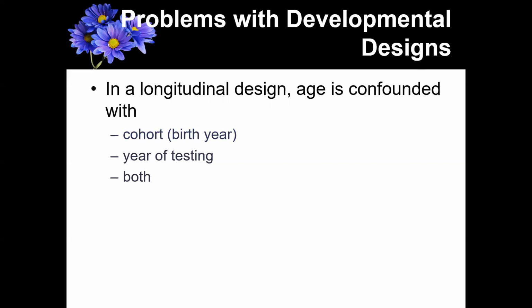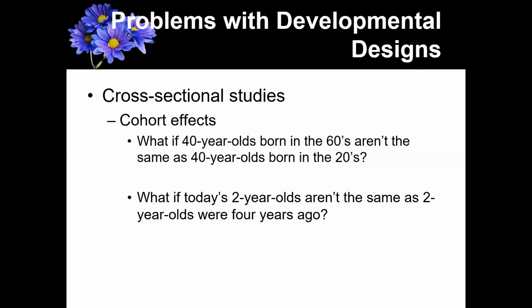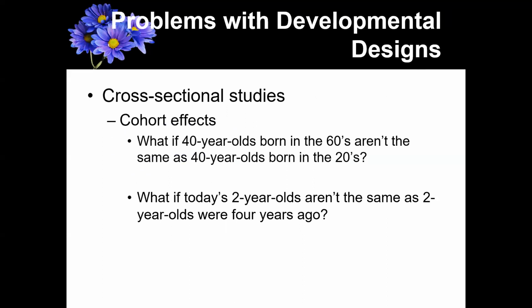Those people were born in different years, and that can come up with a whole host of things. In contrast, in a longitudinal design, age is confounded with testing because you're testing the same people multiple times. Well, you have to wait for their age to change. So of course, when you test them, it's going to be a confound, right? So just go over this again because I want you to be clear about this.